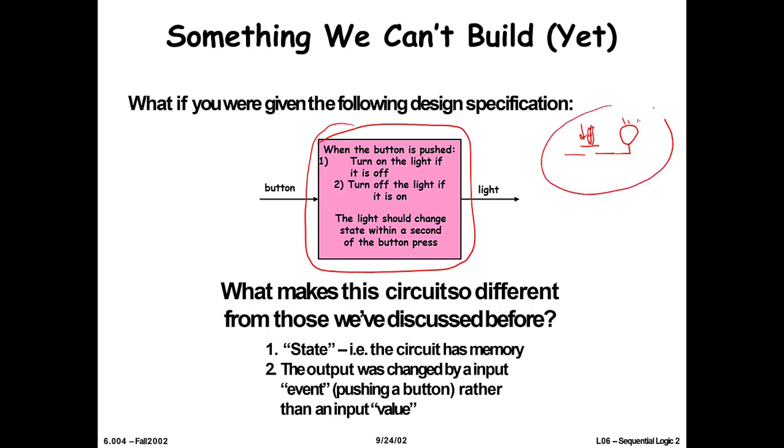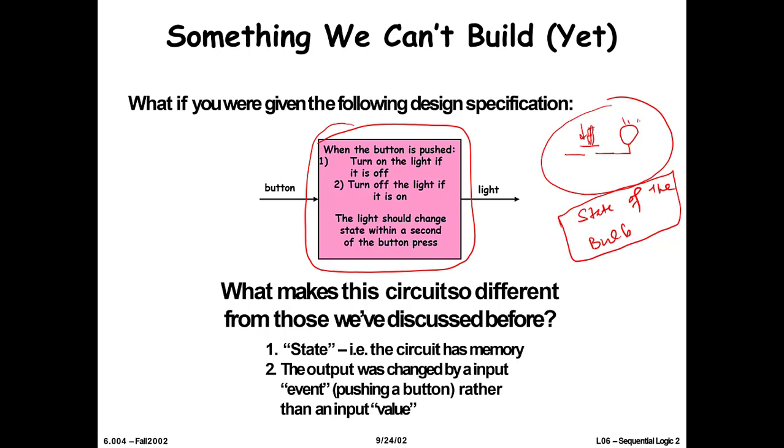Now what is different about this problem is that we cannot solve it with combinational logic, because we need to know the state of the bulb. We cannot solve this problem until we know what is the current state of the bulb. Is the bulb off or is the bulb on?